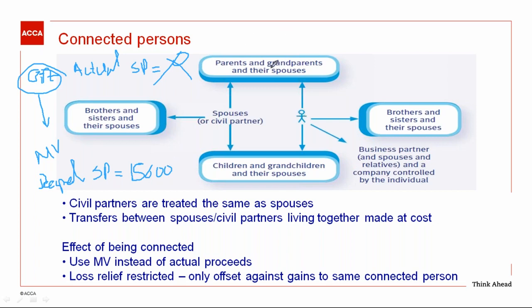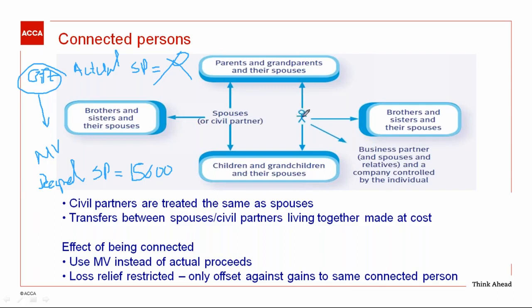Your parents, grandparents, their spouses, your brothers, sisters, their spouses, your business partner, especially if it is a partnership, the other partners of the partnership, and the partners' spouses are considered as connected parties. Your children, grandchildren, their spouses are treated as partners.